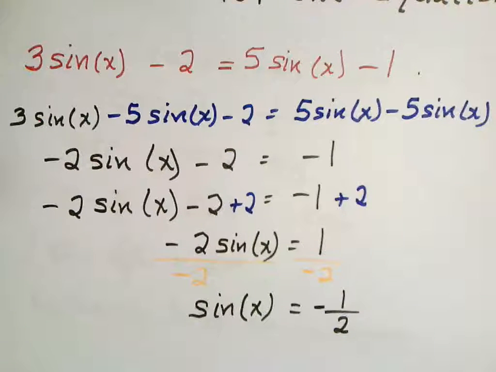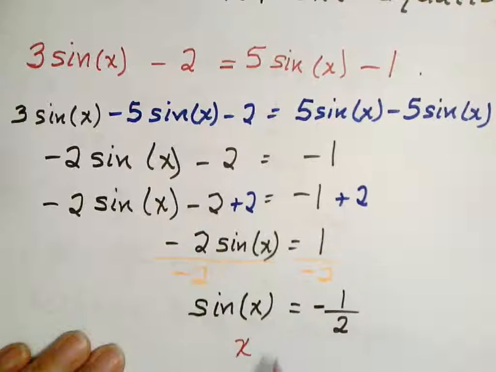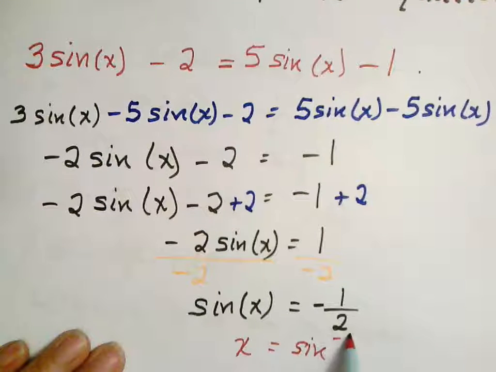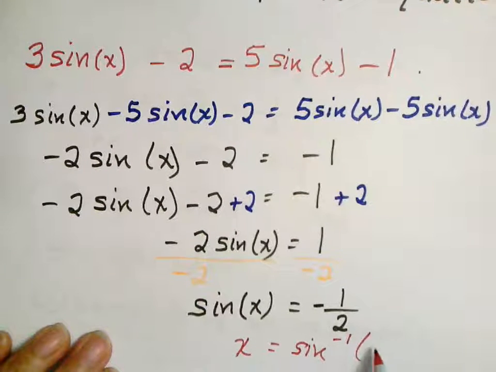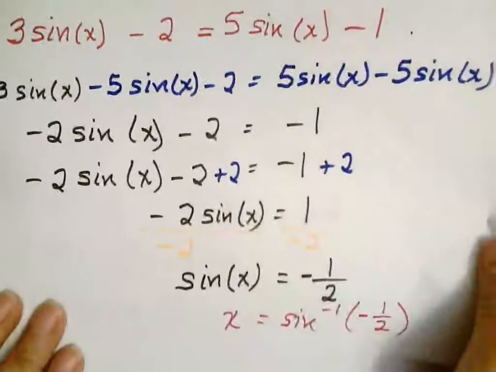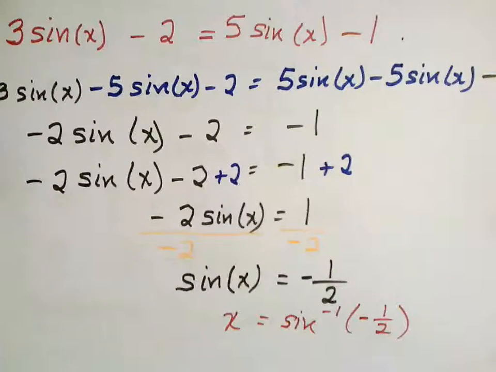So when we do that, remember that we're looking for an angle whose sine is negative a half. So I can say something like this: x is equal to inverse sine of a negative 1/2. That way you see I'm solving for x, because I'm looking for x.